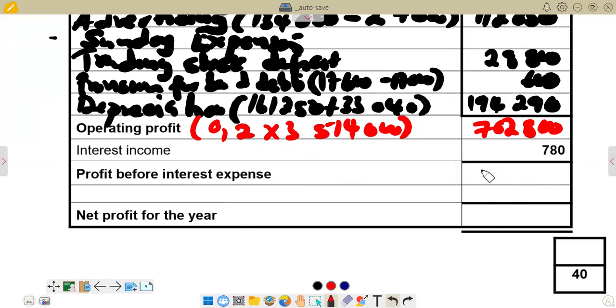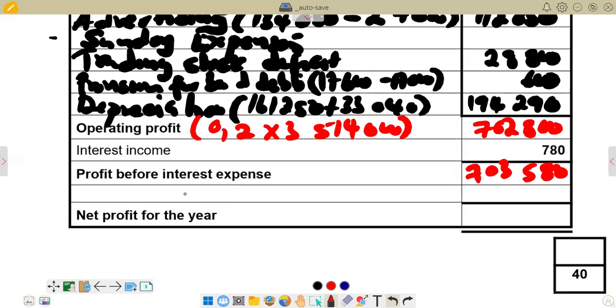If we add the two, sorry, this is a wrong figure. Here we are supposed to get 703,580.